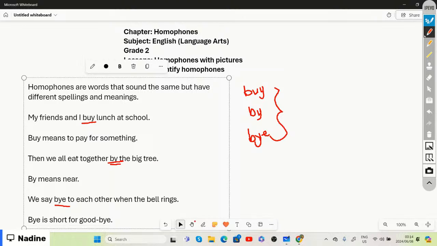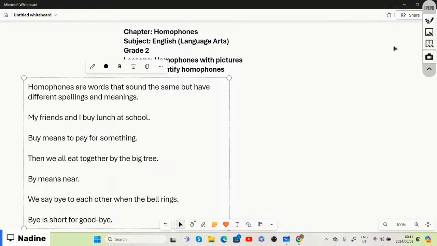All right. So we just need to keep in mind when it comes to homophones, they sound the same, but the spellings and the meanings of the words are different.